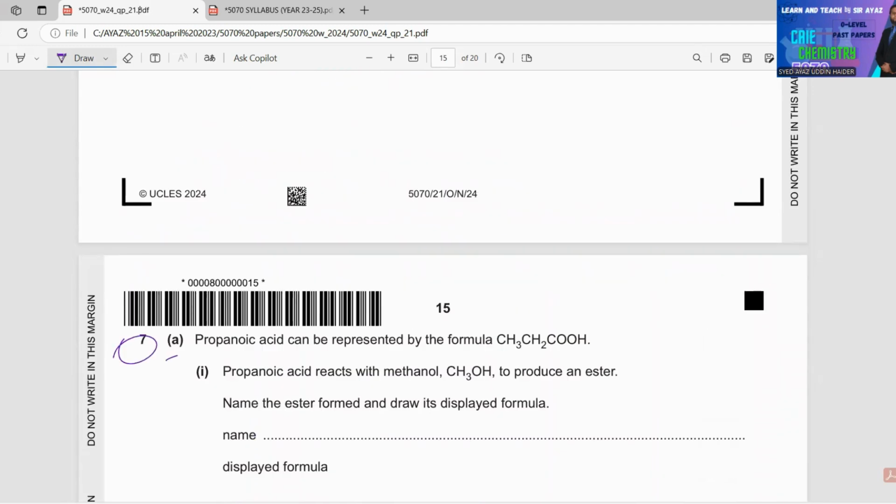Question number 7, part A. Propanoic acid can be represented by the formula CH3CH2COOH. Number 1, propanoic acid reacts with methanol CH3OH to produce an ester. Name the ester formed and draw its displayed formula.